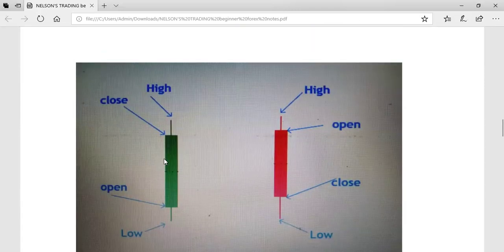So this is the green candlestick. The green candlestick means that the price is going up, and the red candlestick means that the price is going down. So I want you to imagine that, for example, we want to buy. If we want to buy, then we are looking for the green candlesticks. So the green candlestick: this is the open of the green candle, then this is the close.